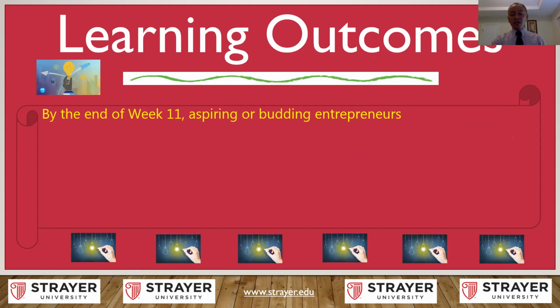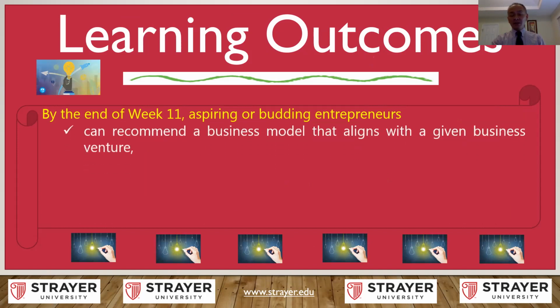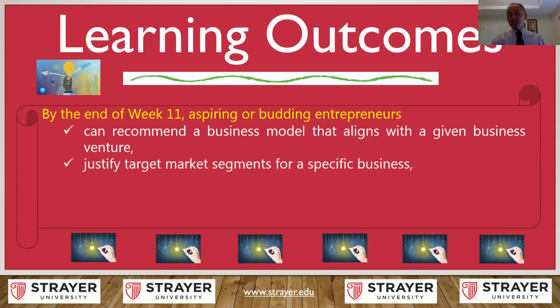So what were the learning outcomes? By the end of week 11, students in the Business 313 course, or aspiring or budding entrepreneurs, can recommend a business model. And the business model needs to align with a business venture that he or she has in mind. Be able to justify target market segments.